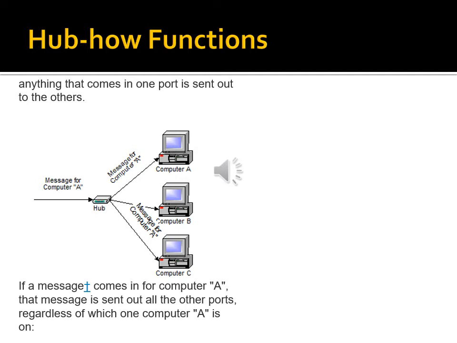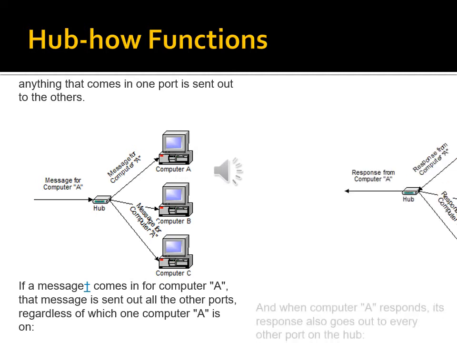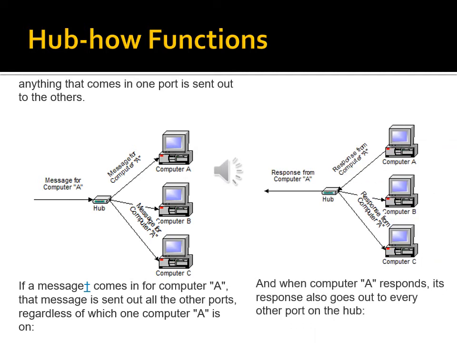Then A responds, because the message was only for A. The response also goes to every port on the hub, not particularly to one. It is received by all the devices, and only then does it go to the sender.